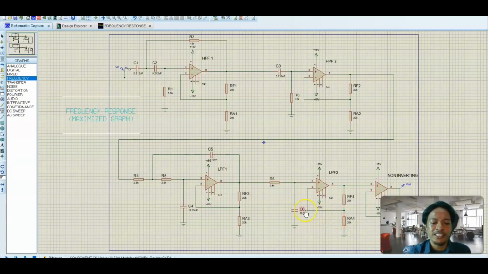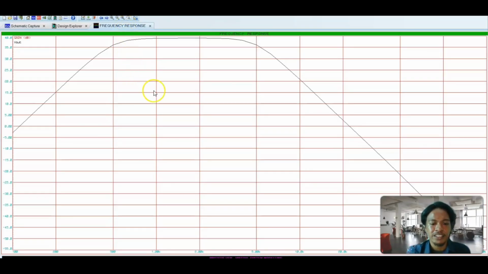When we run the circuit, the graph will show the frequency response of our circuit. The x-axis represents the frequency of the input signal while the y-axis shows the gain.